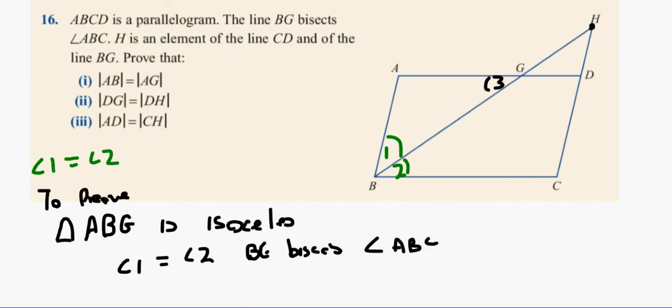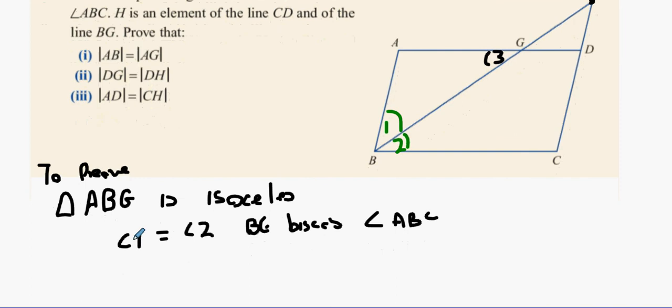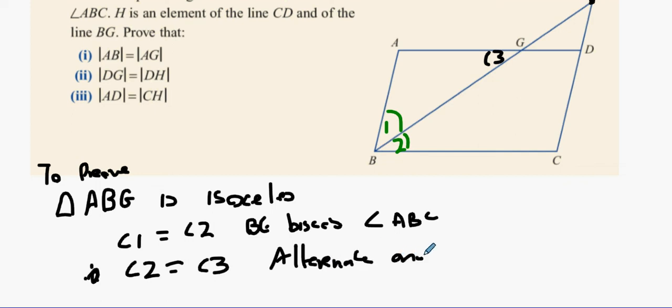Now, next thing we're going to do is say therefore we have alternate angles as well. We have angle 2 equals angle 3, alternate angles. Okay, so angle 2 equals angle 3.